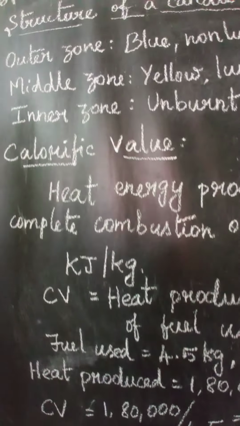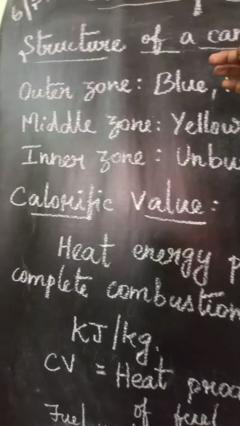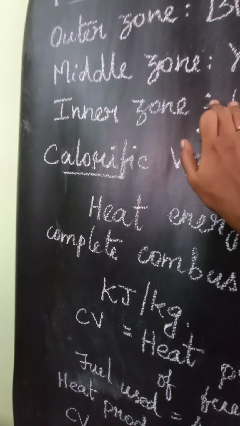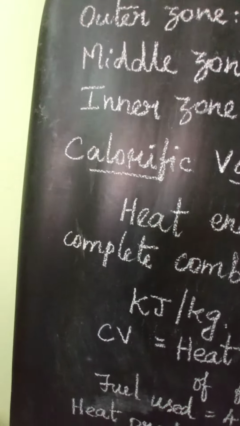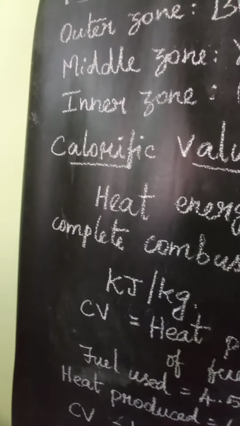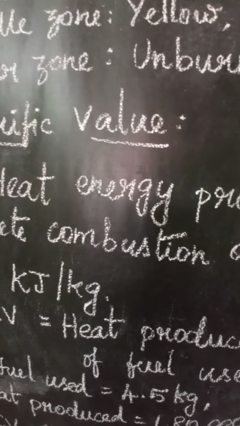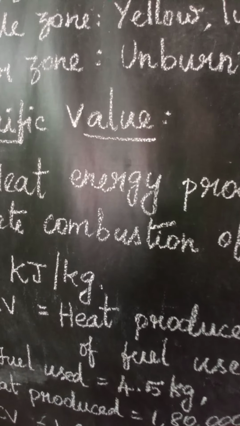Okay, so today the topics we have discussed are the structure of a candle flame, which is divided into three: outer, middle and inner zone. And then the next one, calorific value. What is calorific value? It is the heat energy produced when 1 kilogram of fuel is used completely.